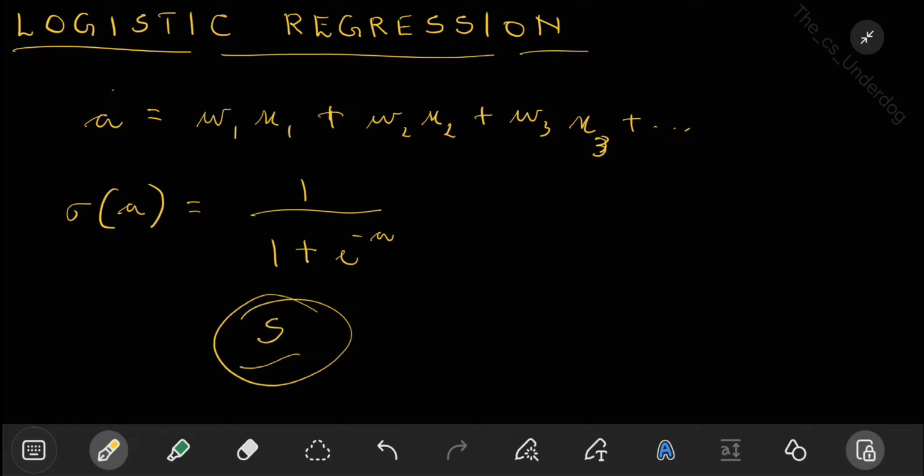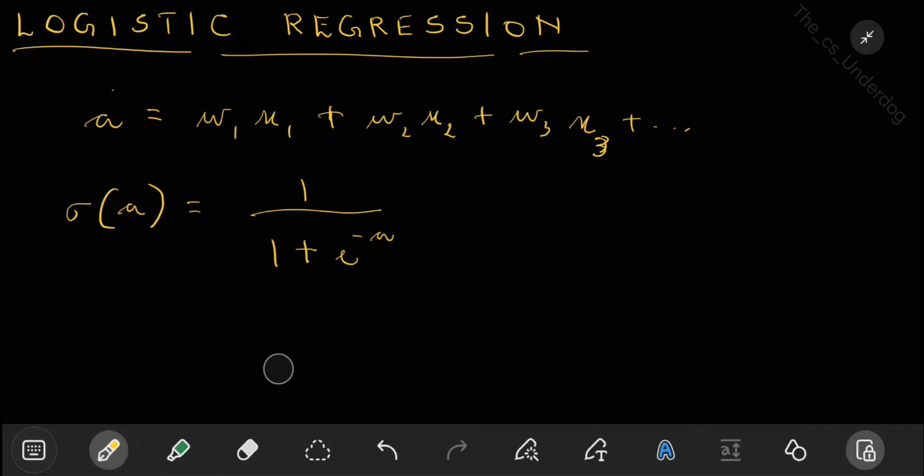In the previous lecture, we discussed in detail what the sigmoid function is, how it functions, and why it can be useful in classification tasks. So for details about the sigmoid function, please refer to the previous lecture. We won't go in depth about this function.